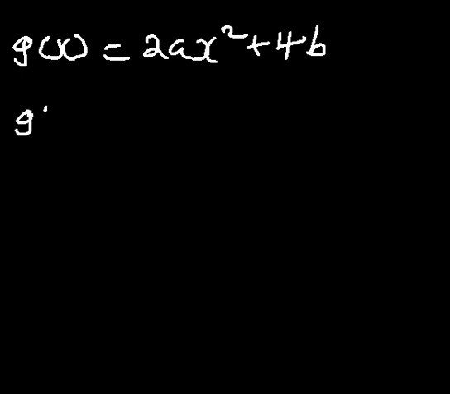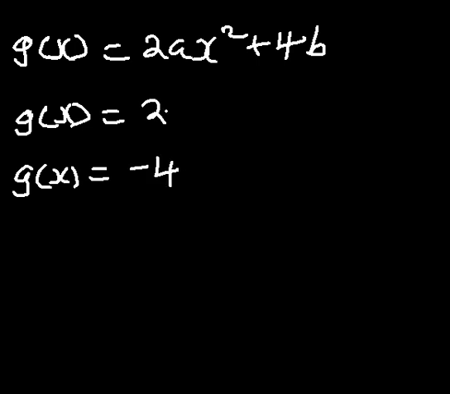Now given that g of 2 is given as 2, and we also have g of negative 4 being given as negative 4. What are the values of a as well as b if this is the case? So now we have two cases in the function for the problem. We have the first case where the output is 2, and the other case where the output is negative 4.